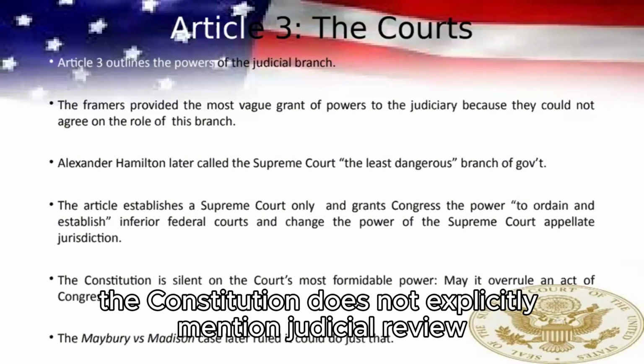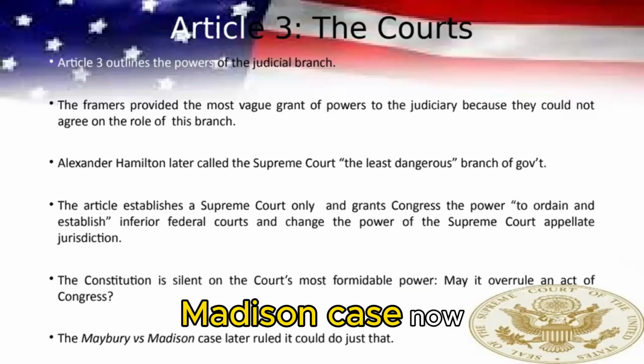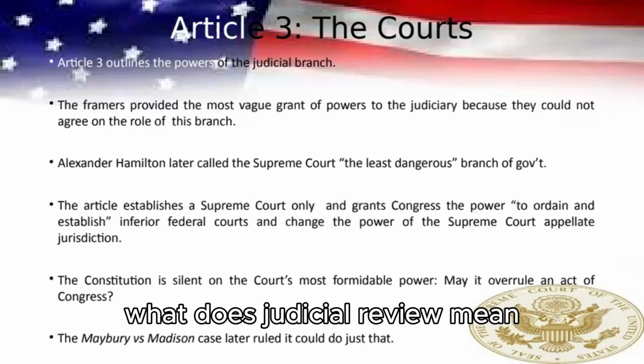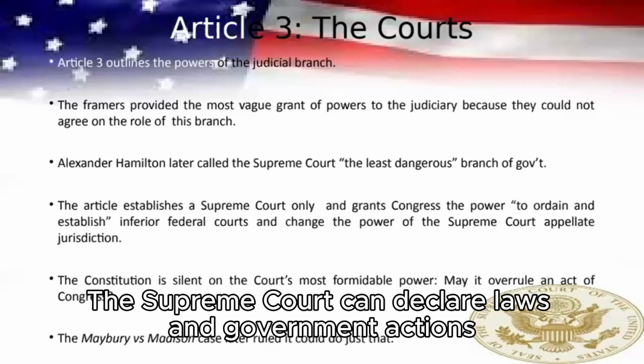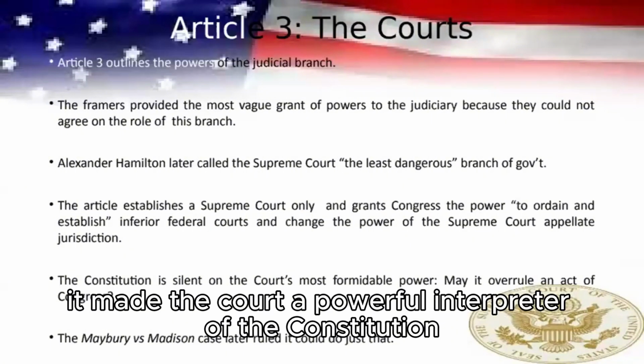The Constitution does not explicitly mention judicial review, but the Supreme Court gained this power through the Marbury versus Madison case. Now, what does judicial review mean? The Supreme Court can declare laws and government actions unconstitutional. So with that, it made the court a powerful interpreter of the Constitution.